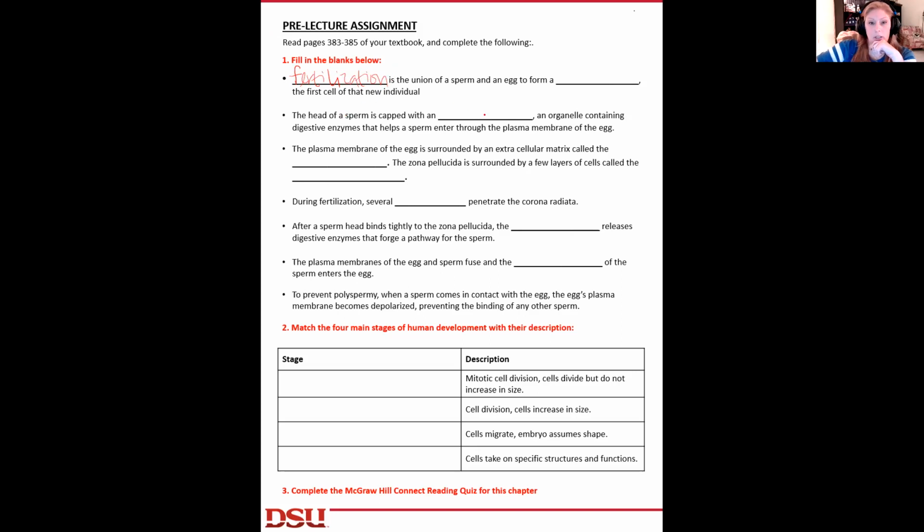And fertilization is the union of a sperm and an egg to form a zygote.